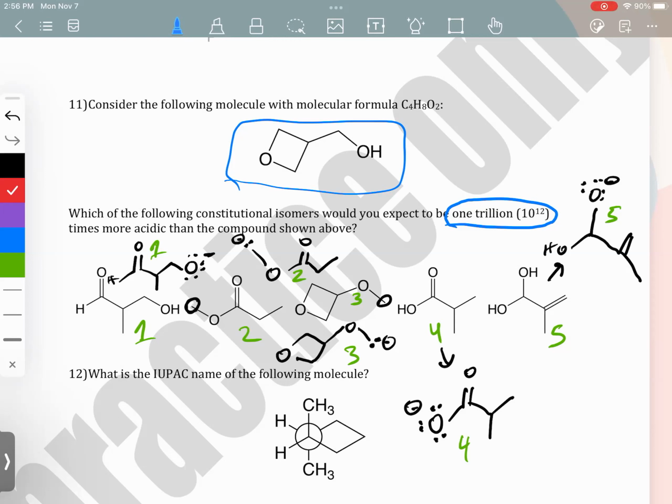Now, which one of these conjugate bases is the most stable? Hmm. I think it's 4. It can resonate. Yeah, exactly. Resonance plays an important part in stability after an acid and base reaction. So for the carboxylic acid, it's a very stable conjugate base because of resonance.